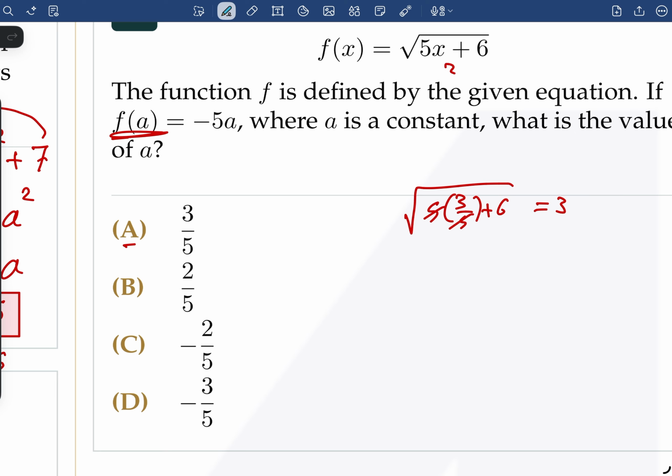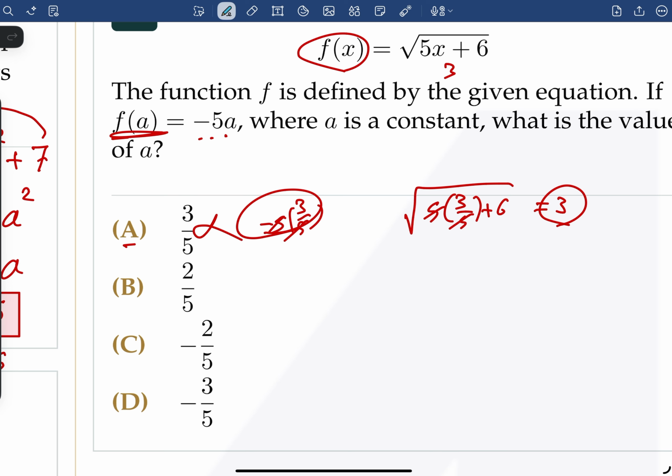So the right side is 3. Is the left side 3? No. Negative 5 times a means negative 5 times 3 over 5, which is negative 3. Negative 3 on the left, positive 3 on the right, which means this is not correct. The same thing happens in B, and so on. You can check them all until you reach the answer. It takes some time, but it guarantees that your answer is accurate and correct.